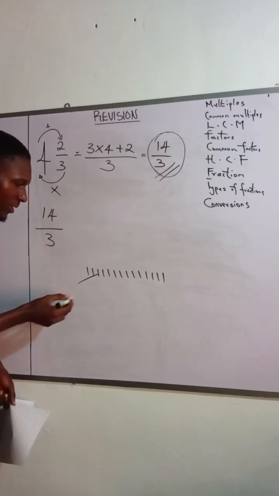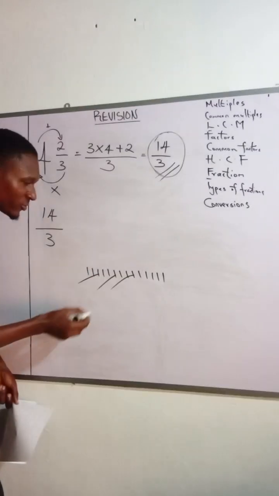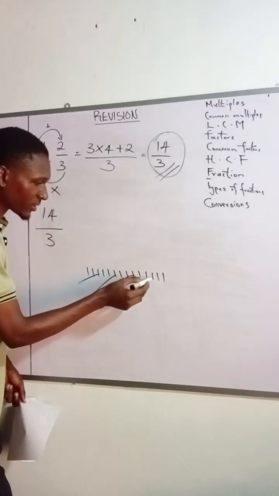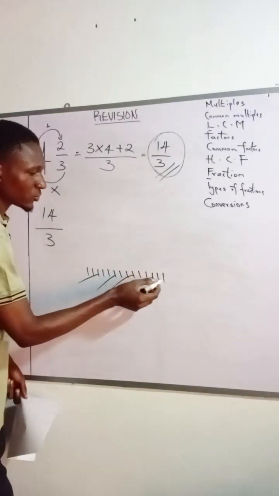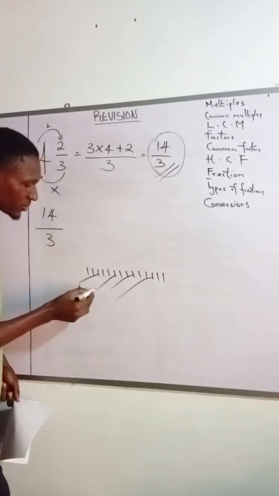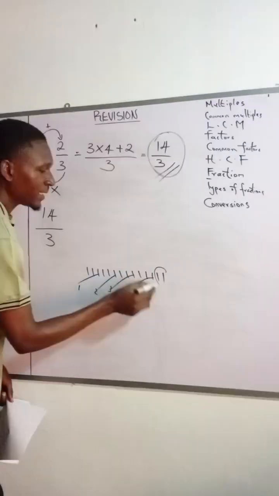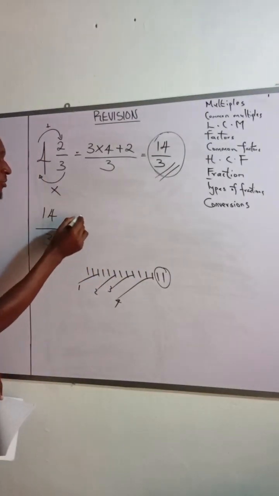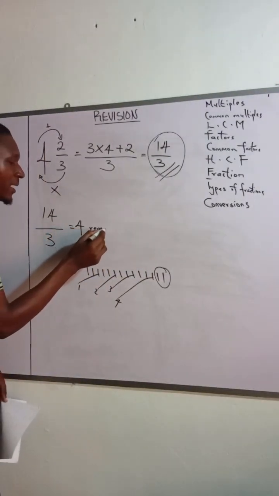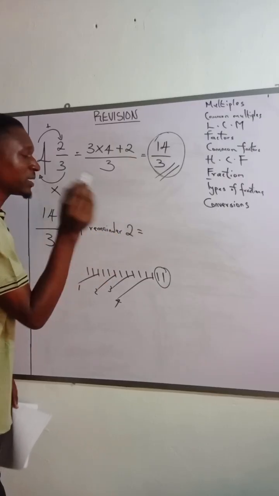1, 2, 3. 1. 1, 2, 3. 2. 1, 2, 3. 3. 1, 2, 3. 4. It's not up to 3 again. So we have 4, remaining 2. So we have 4 remainder 2, which will give you an answer.